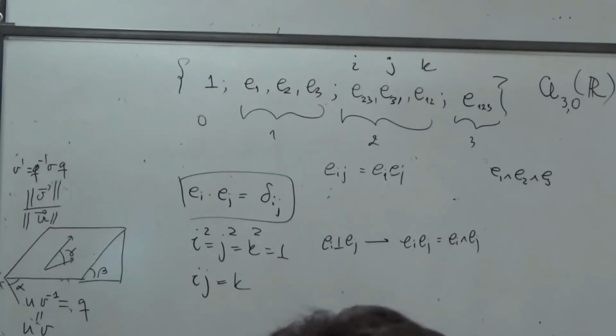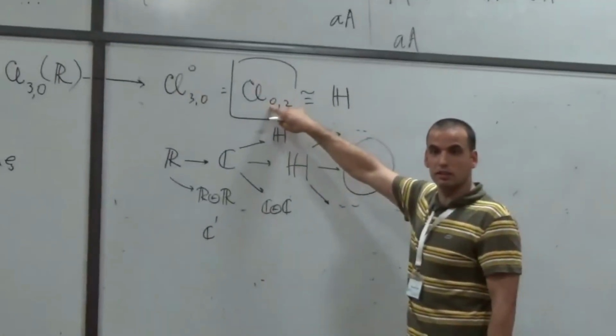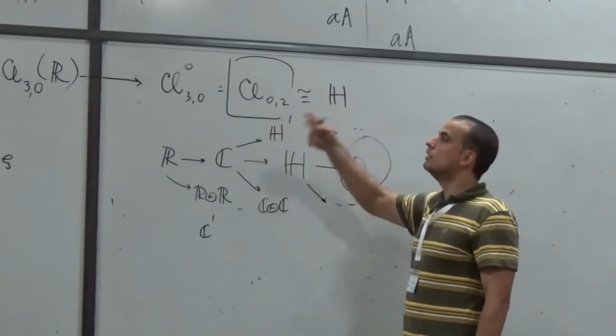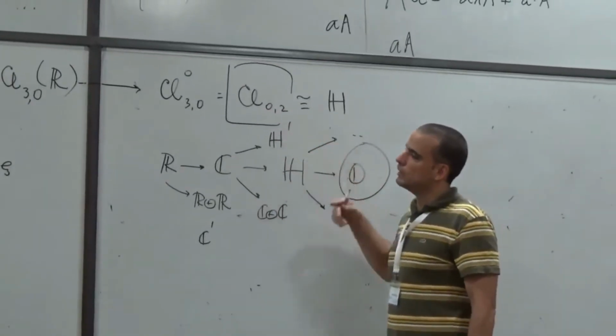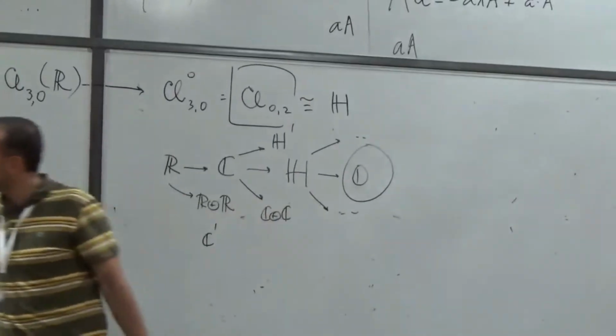Okay? So this is the Clifford algebra. This notation means that there's a metric which defines the Clifford algebra, in the form with 0 pluses and 2 minuses. So the orthonormal basis would be with -1.